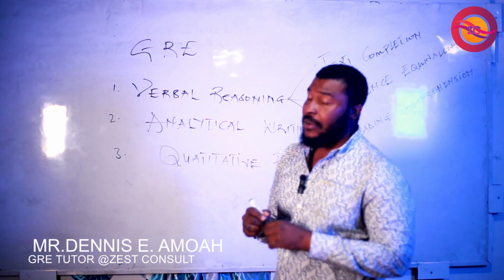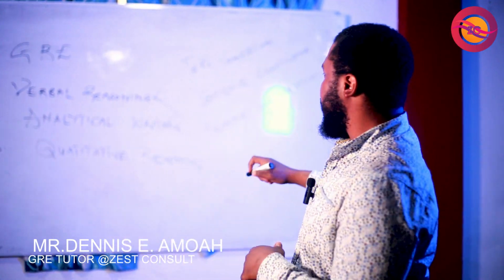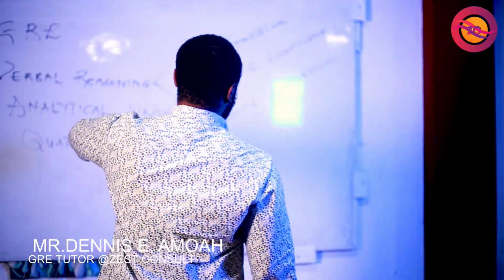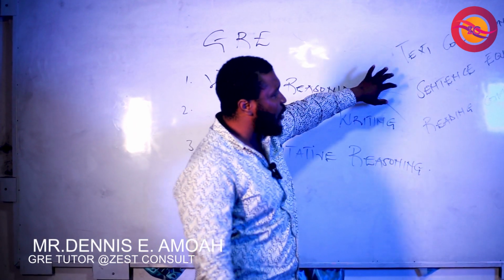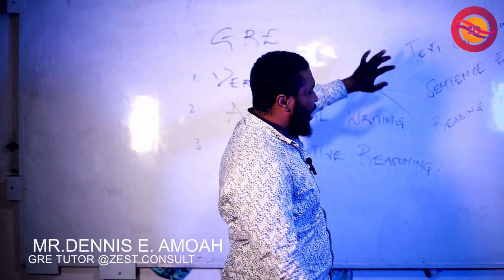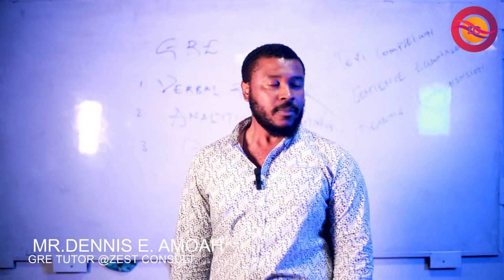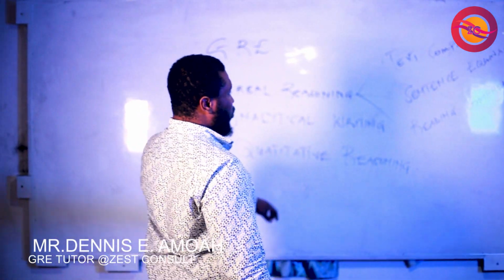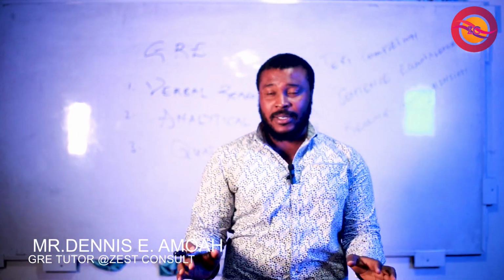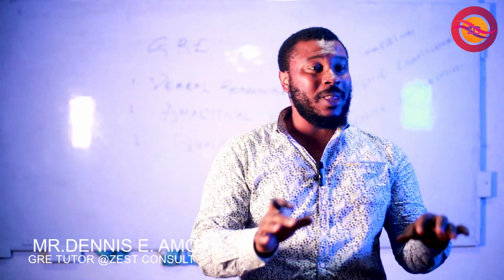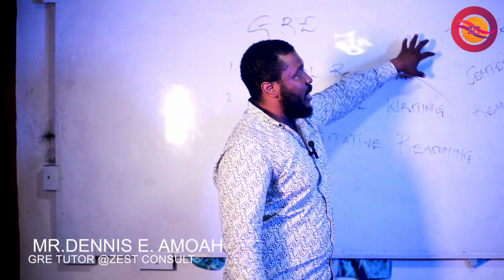The verbal reasoning section again is the English aspect of the GRE, and it consists of three question types. The first is text completion, the second is sentence equivalence, and the last is reading comprehension. Under text completion, a question is given to you with a blank space, and you select your answer from the list of options given.